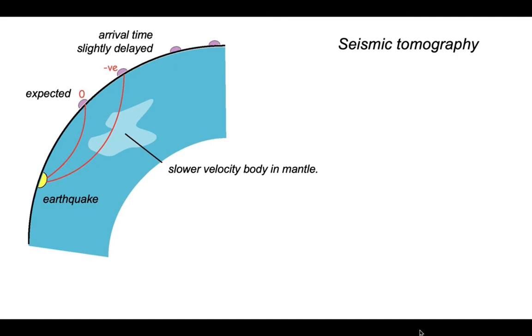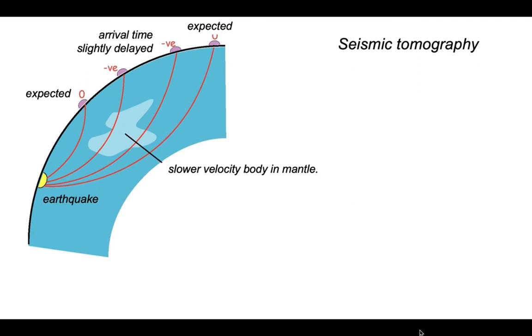And because this ray path goes through the slower velocity material, it will arrive slightly delayed on its predicted arrival from the PREM model. And another one here that's also gone through the slower velocity body that will come in slightly late, and then one over here where the ray path has avoided the slower velocity body, so that comes in on time.